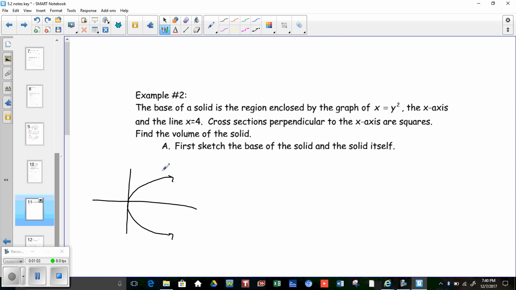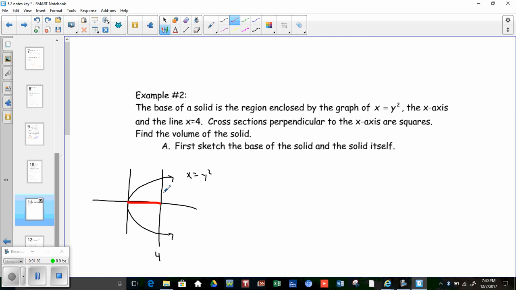X equals 4, of course, is the vertical line right here. This is x equals y squared. And cross sections perpendicular to the x-axis are squares. So the one part I left out was the fact that this is bounded by the x-axis, which means this plays a role.